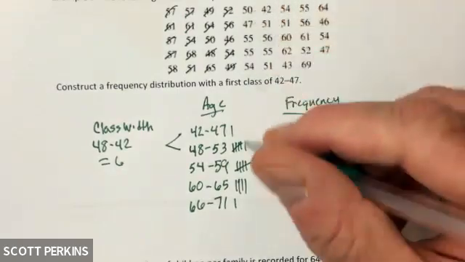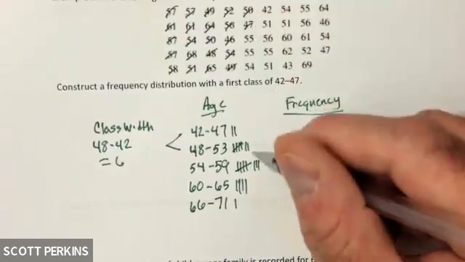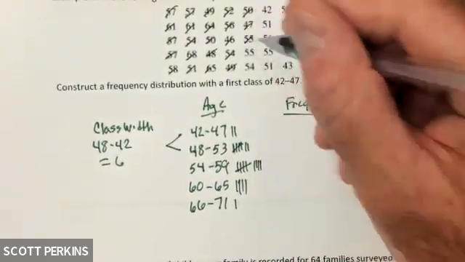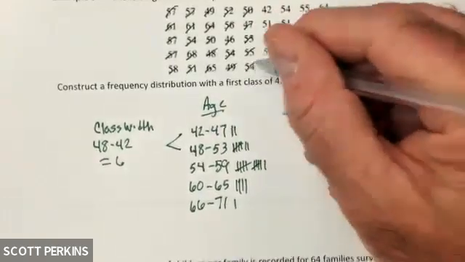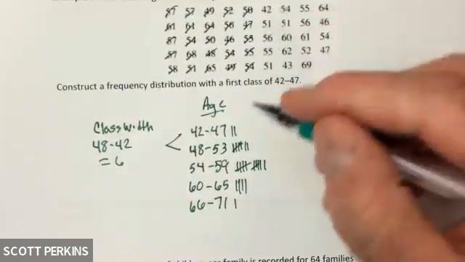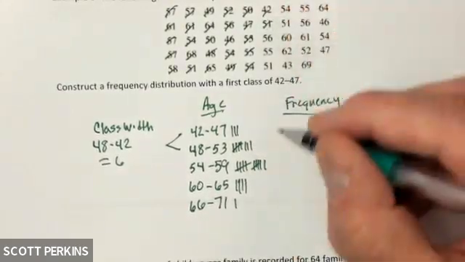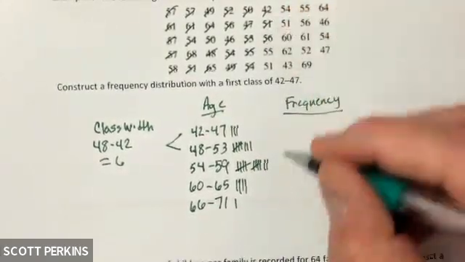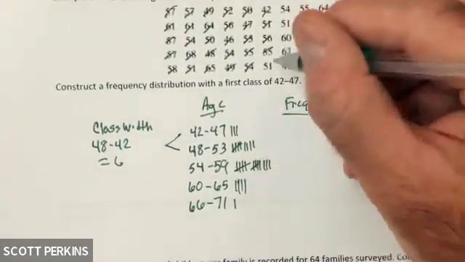Here's the fifth column, 50, 47, 55, another 55, 54. That class is really popular. 42, 51, 56, 55. You can see that this is just the time-consuming part, but there's really not a whole lot of thinking involved.